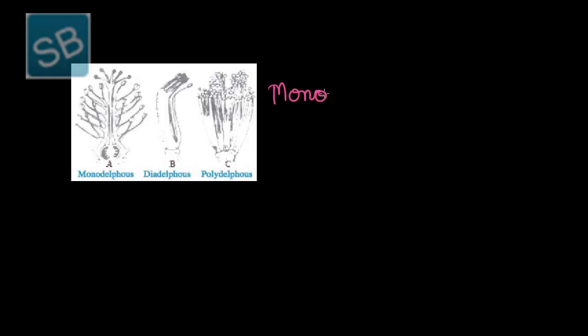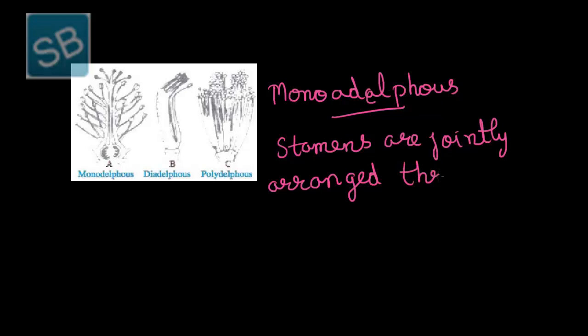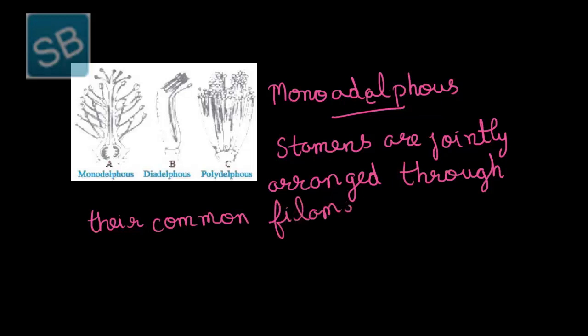Thus, in monoadelphous stamen, the stamens are jointly arranged through their common filament. Example, China rose.